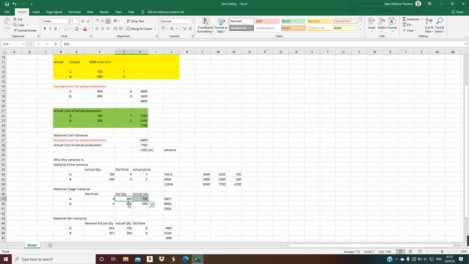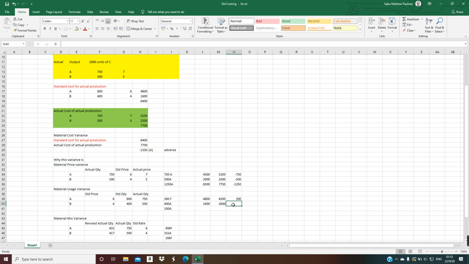In all quantity related issues, we will be taking the standard price. So we will multiply the standard price into the standard quantity, that is 6 into 800 and 4 into 400. Again, standard price into actual quantity. Then you subtract like this.